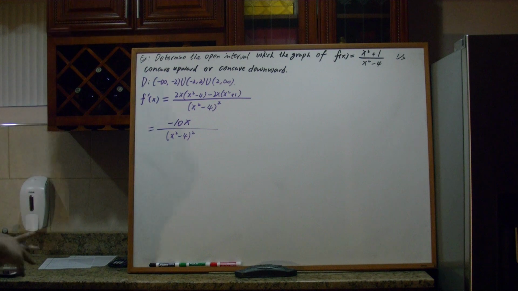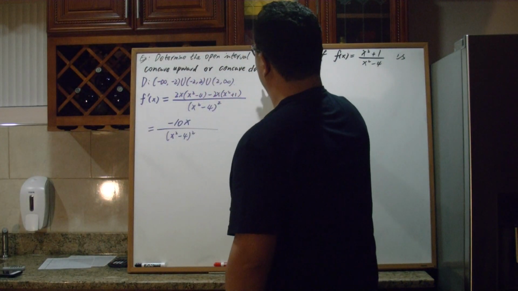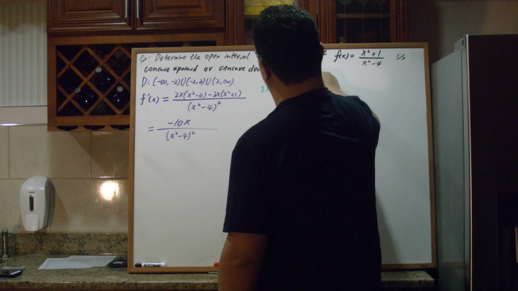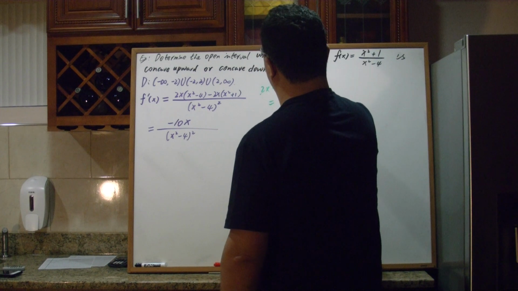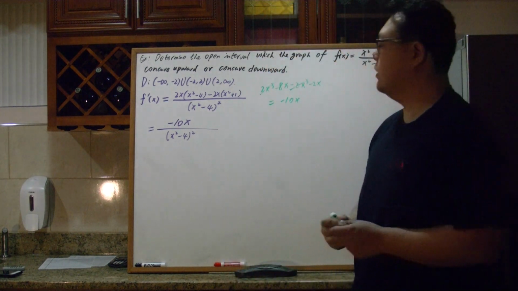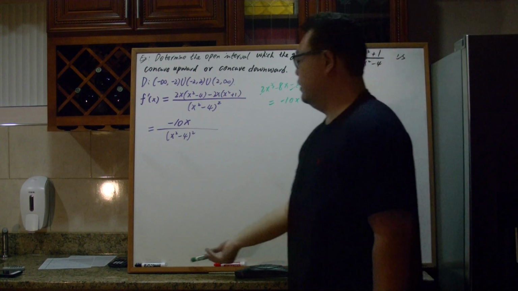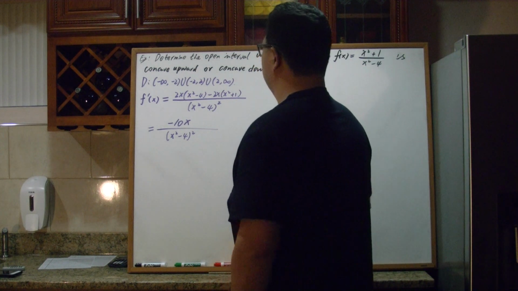If you want to see the step, that's in the middle. That's 2x to the third minus 8x minus 2x to the third minus 2x, which is just negative 10x. That's our first derivative over the square of our denominator, which still remains a function.